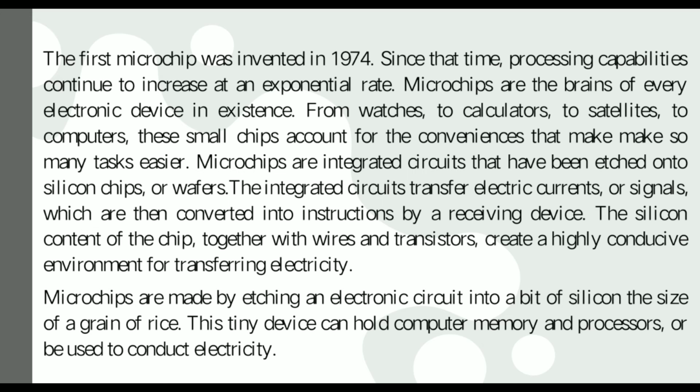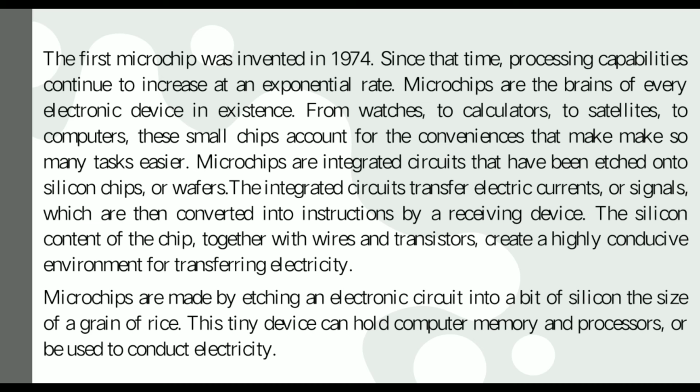Microchips are integrated circuits that have been etched onto silicon chips or wafers. The integrated circuits transfer electric currents or signals which are then converted into instructions by a receiving device. The silicon content of the chip, together with wires and transistors, creates a highly conducive environment for transferring electricity.